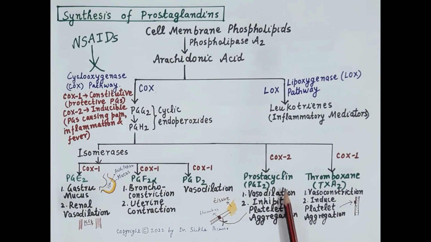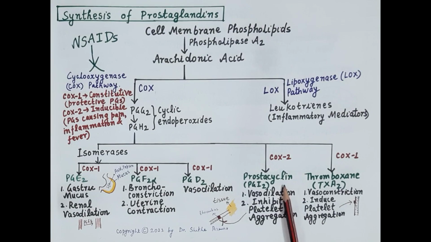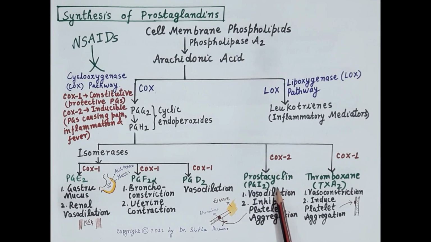Now, another important prostaglandin is prostacyclin. It is a physiological prostaglandin which is produced by the stimulation of cyclooxygenase 2. Prostacyclin is produced by the endothelium of blood vessels. It causes vasodilation, the blood vessel dilates, and it also inhibits platelet aggregation. It prevents sticking of the platelets with each other.